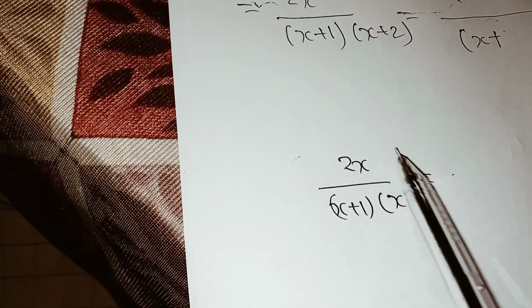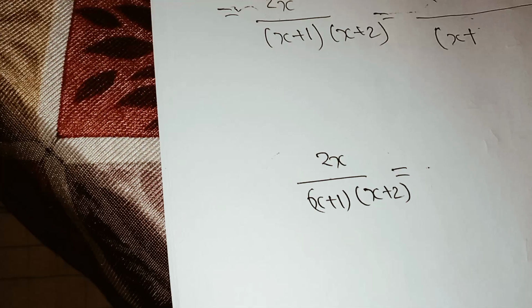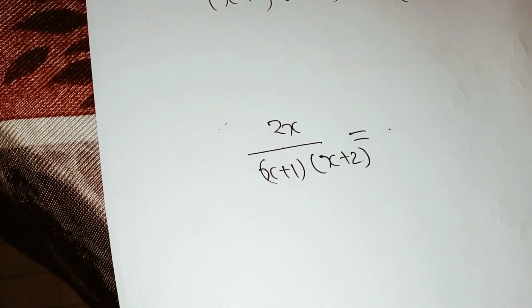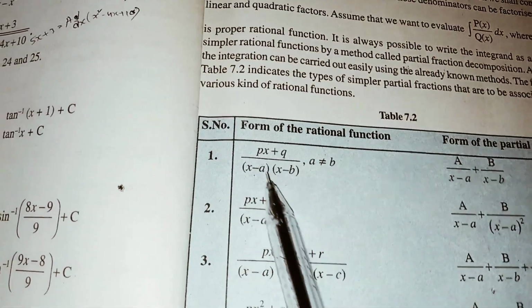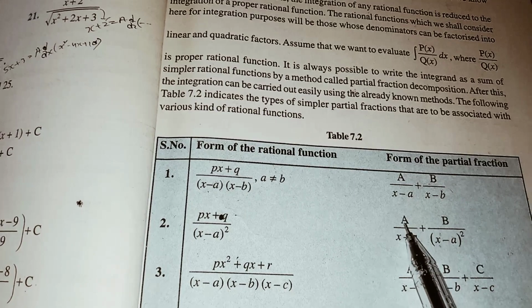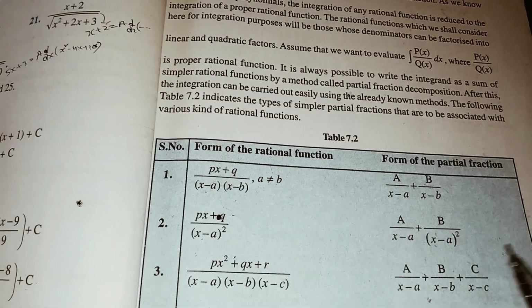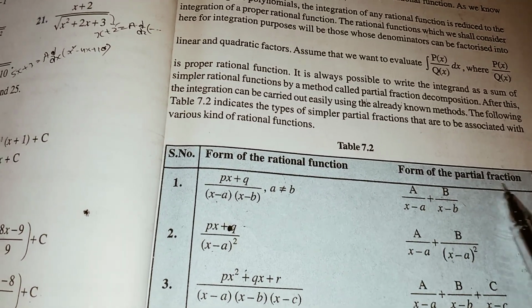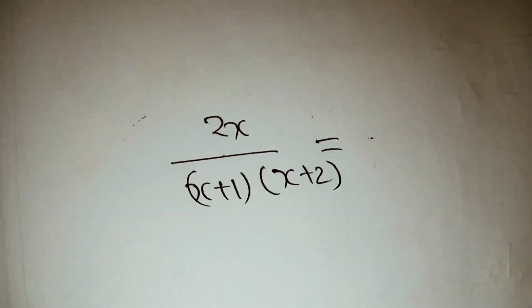This is a rational function, and this rational function you have to convert into partial fractions. So you can see this is your rational term, and this rational term you can also write as a by (x minus a) plus b by (x minus b), and this is known as partial fraction. So the same concept we have to apply here.